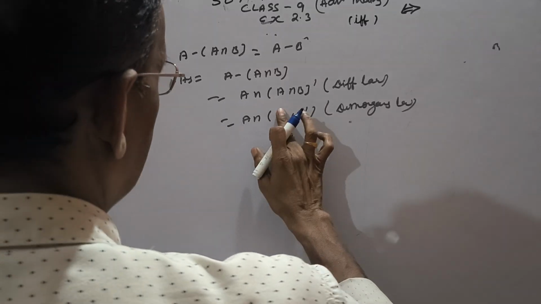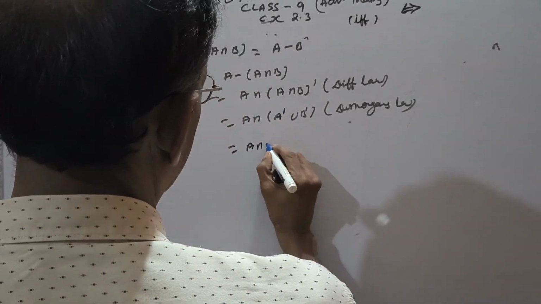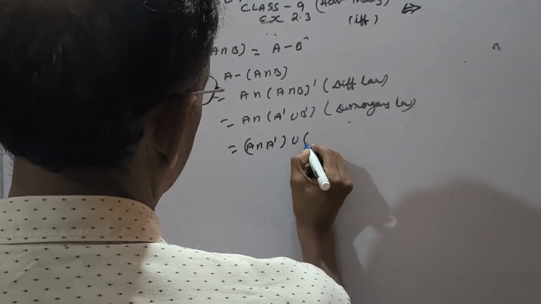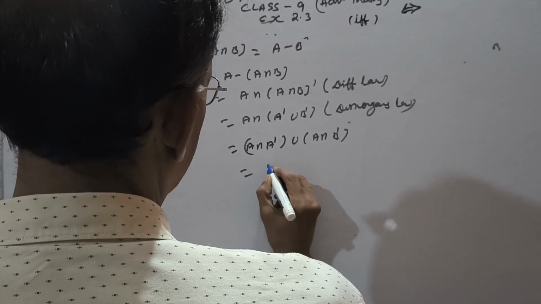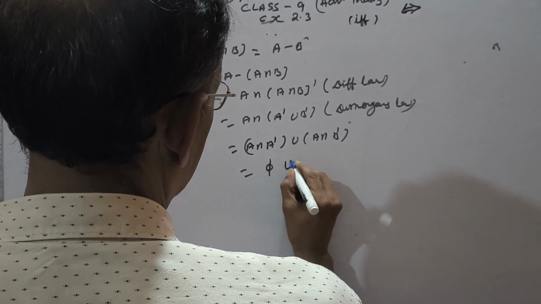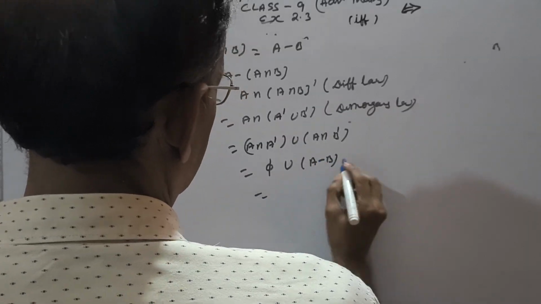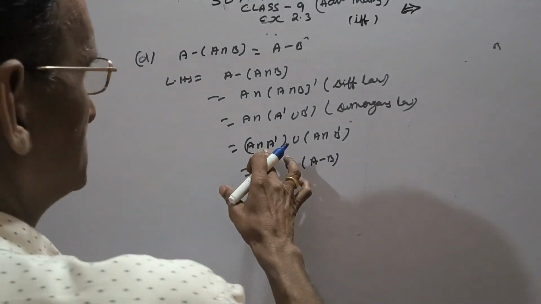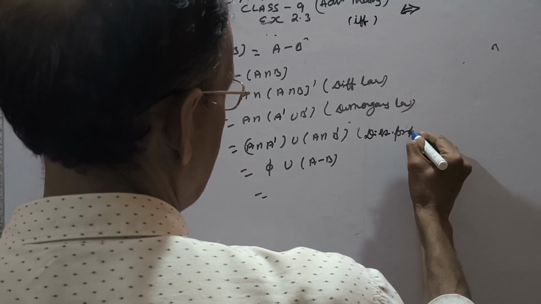Oh, sorry. Now distribute: (A intersection A complement) union (A intersection B complement). So what is A intersection A complement? Phi. Union A minus B. This is what property? Distributive property, you must write distributive property.